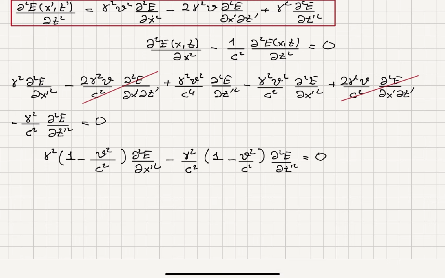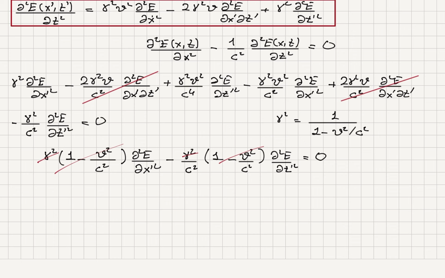Now what is gamma squared? It is 1 over 1 minus v squared over c squared. So here I note that gamma squared is 1 over 1 minus v squared over c squared. So that means these two and these two will cancel out.